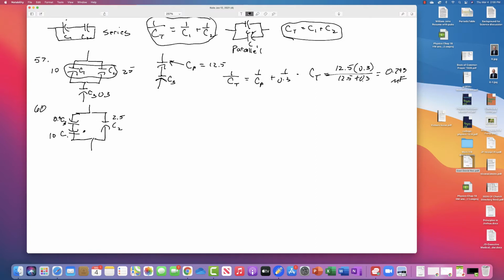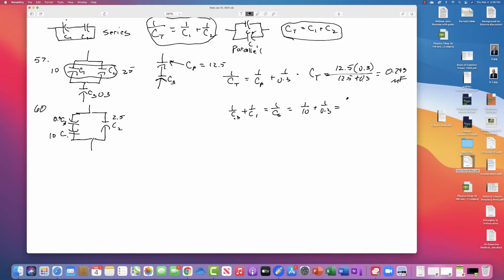So now the obvious one here is this. These are two in series. So 1 over C3 plus 1 over C1 is going to be equal to 1 over the two in series. So that's going to equal 1 over 10 plus 1 over 0.3.